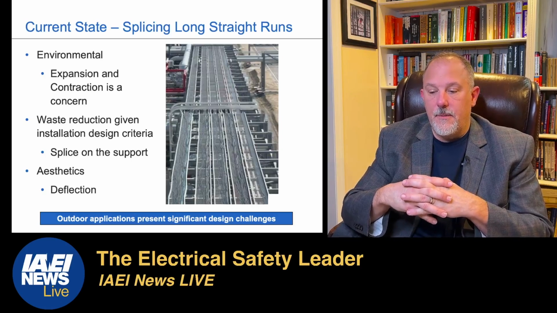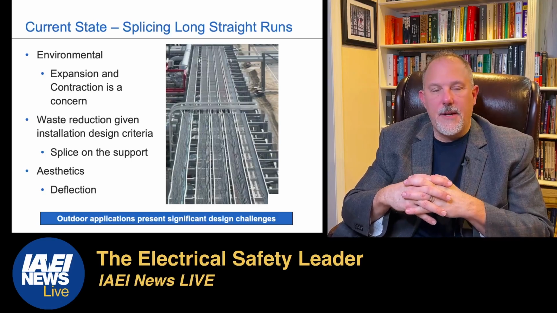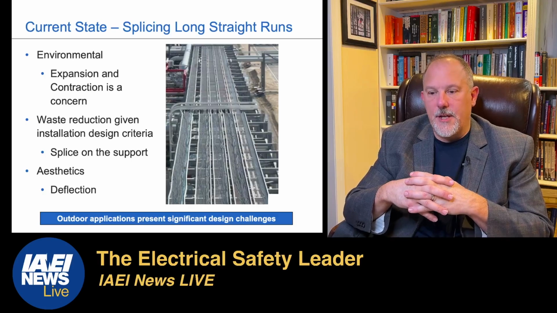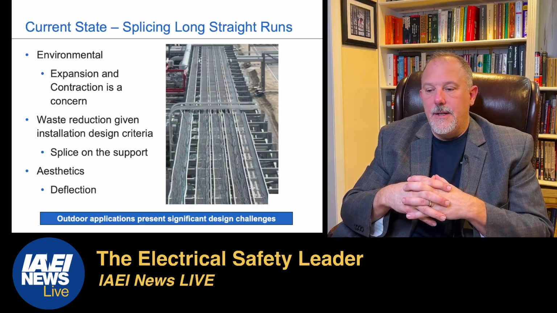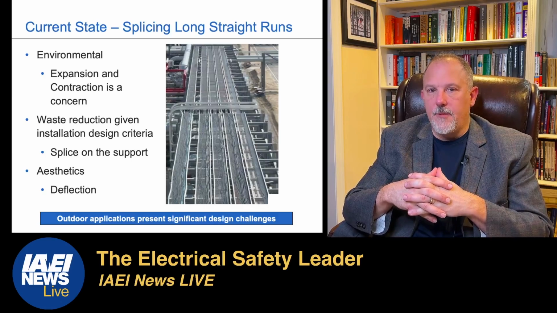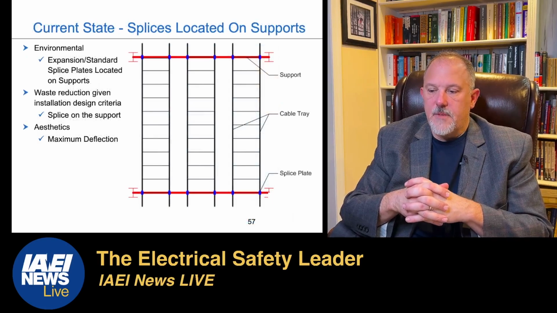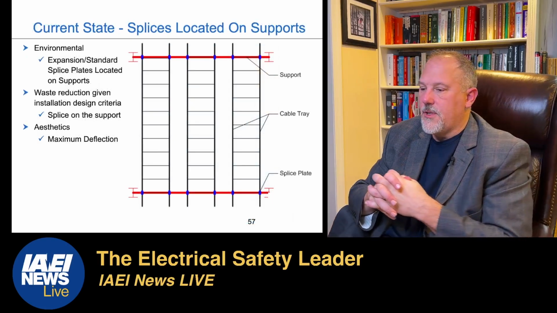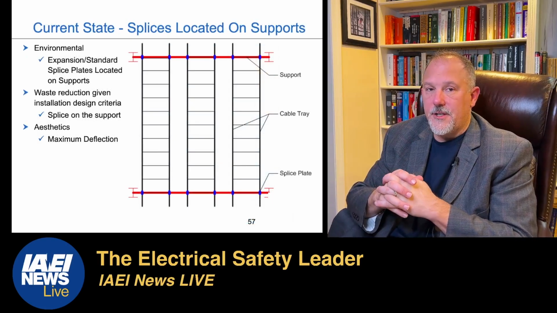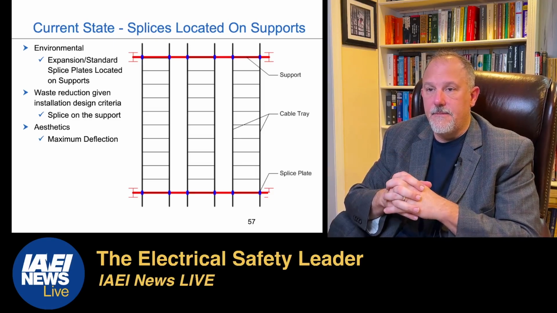Outdoor applications are unique, but I'd argue even indoor applications as well. Depending on the facility, you can get pretty crazy with cable tray. I've seen it. Splice locations on supports are always going to be a challenge. Anytime you have a splice, cross your T's and dot your I's, right?